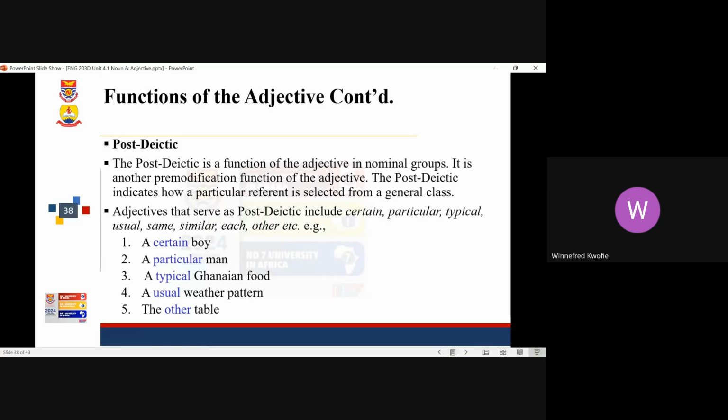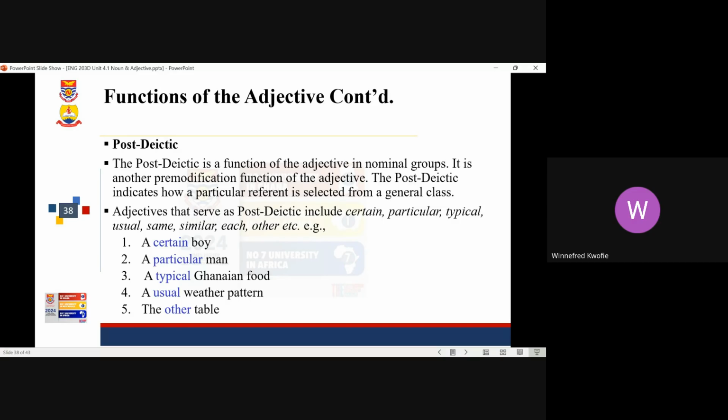Then we also mentioned the post-deictic. When we were looking at the parts of a group, we said that we have the deictic that does the pointing, then the post-deictic that adds more information to what was pointed to by the deictic expression. So here, the adjectives that serve as post-deictic include the words that have been mentioned: certain, usual, same, similar, each, other, etc. So a certain boy, a particular man, a typical Ghanaian food.